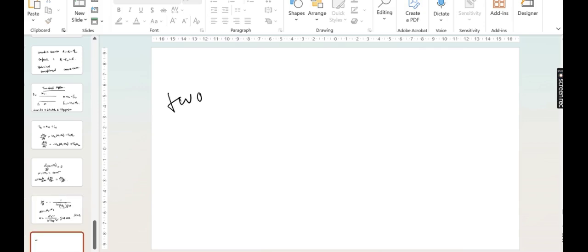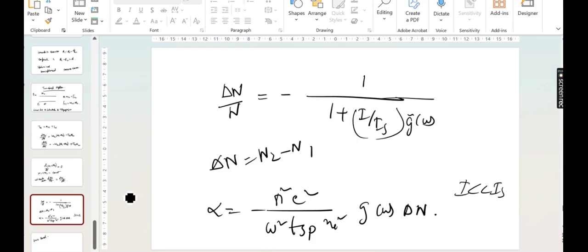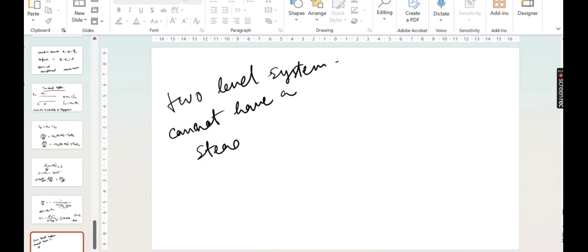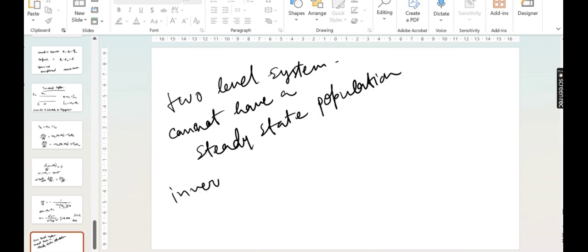So a two-level system cannot have steady state population inversion.